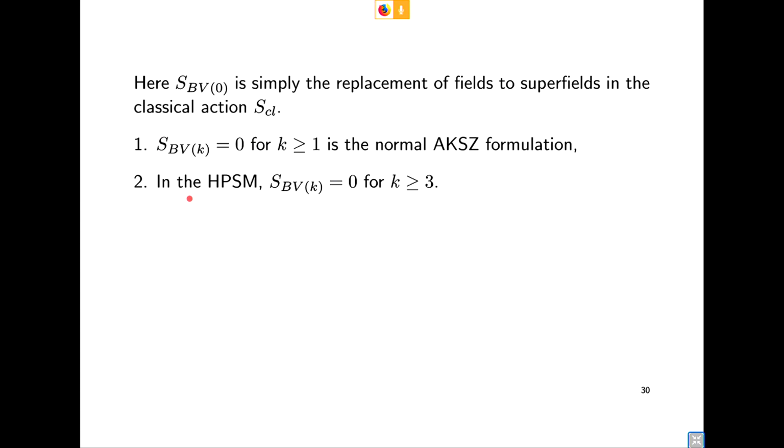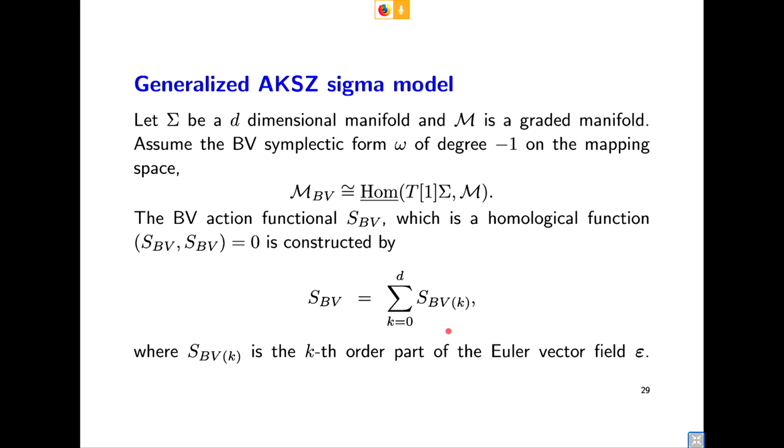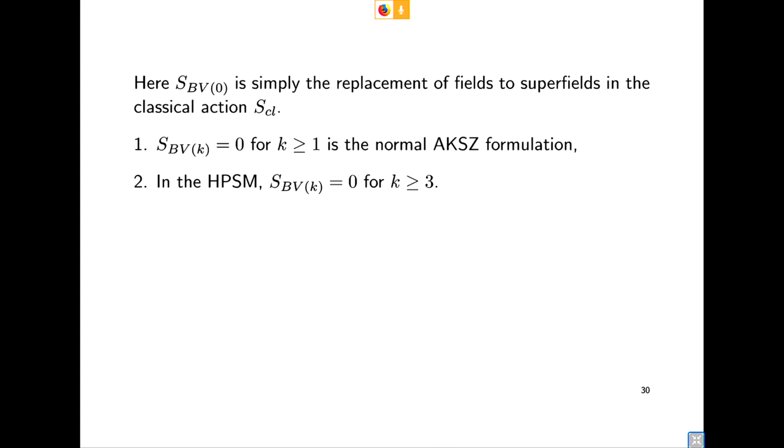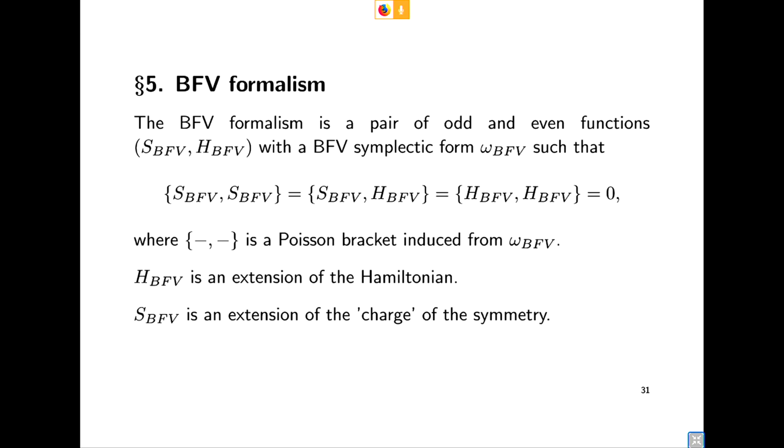In fact, in our case, the twisted Poisson sigma model case, S_1 and S_2 exist. So we can propose a generalized AKSZ sigma model type. But it is not so well established mathematically, so we need some more analysis for this model.